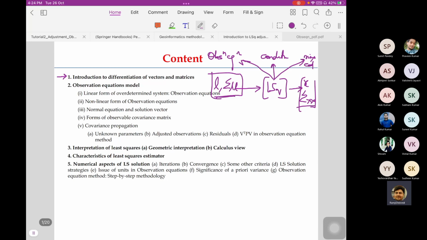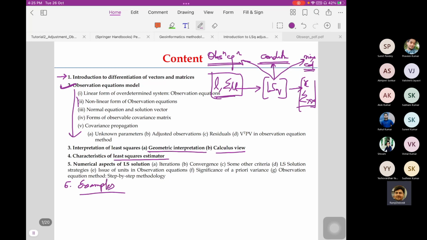We will discuss the observation equation model and all related equations, then the geometric interpretation, calculus view, the characteristics, and then some examples, the iterations and the observation strategies, and obviously the examples.